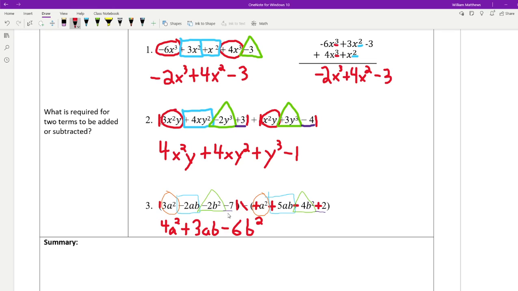And then our coefficients of negative 7 plus 2, which is a negative 5. So in this case, our simplified polynomial is 4a squared plus 3ab minus 6b squared minus 5.